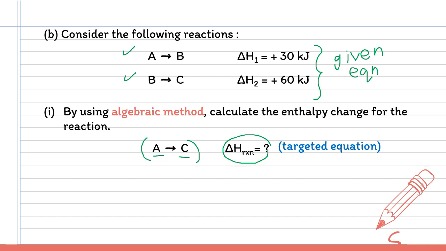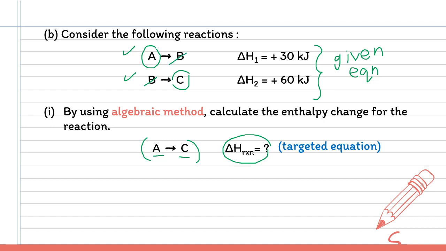If you see on your targeted equation, we have A on the left hand side and C on the right hand side. So by all means, you need to suit the given equations with the targeted equation. So we already have A on the left hand side and C on the right hand side. Whenever you have the same species located on different sides, then we can simply cancel them out.